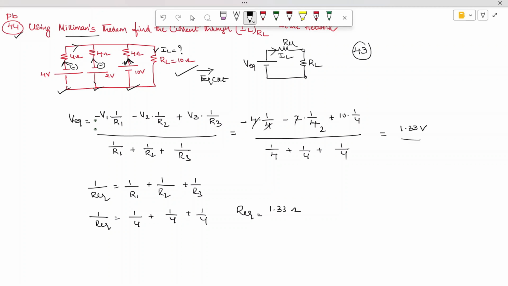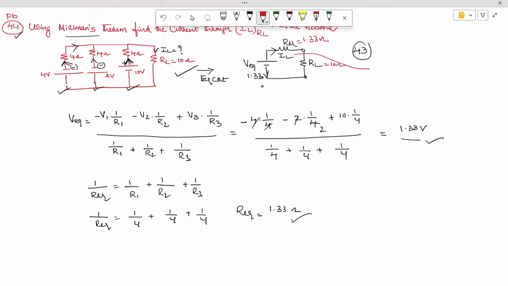Just replace these in the equivalent circuit. V equivalent is 1.33 volts, R equivalent is also 1.33 ohms, and RL is already given in the problem as 10 ohms.